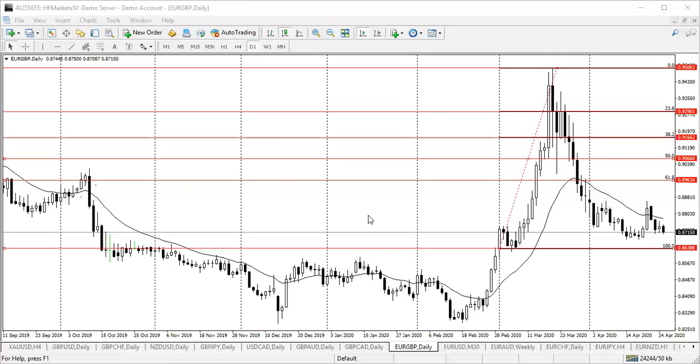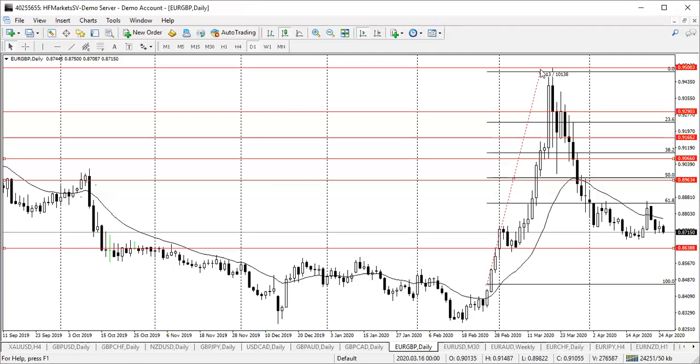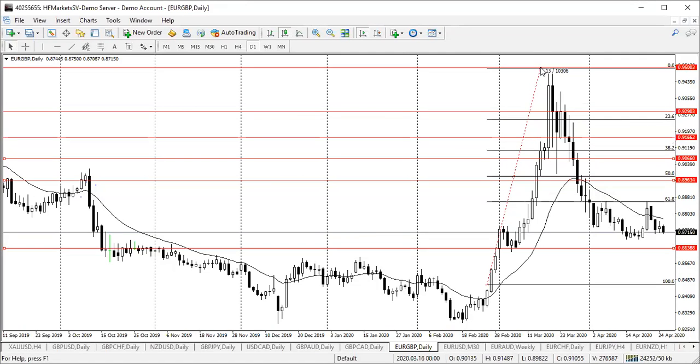78.6. So the question is, how do I add a level to fib? Just double click on the fib. What just happened?